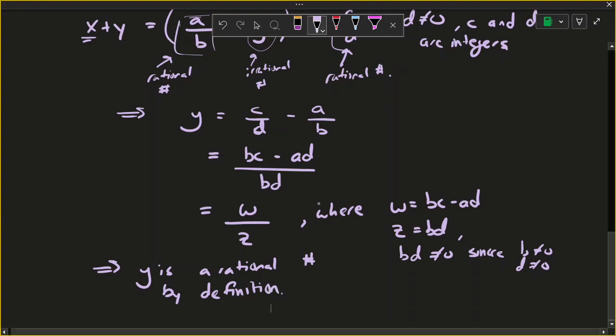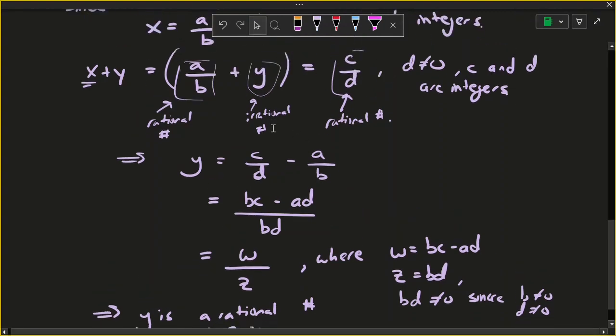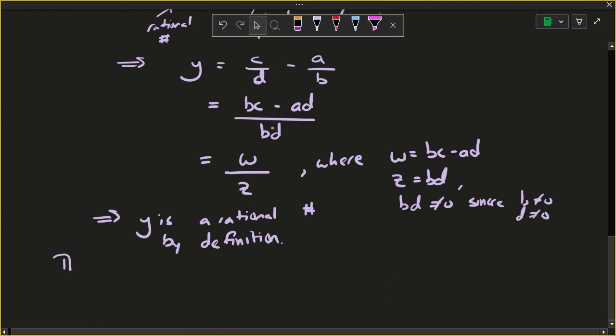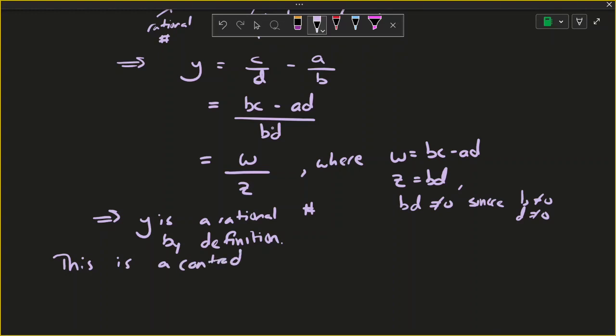But what did we say earlier in the proof? We said that y was irrational. So this is our contradicting fact. So this is a contradiction. We stated earlier that y was irrational.